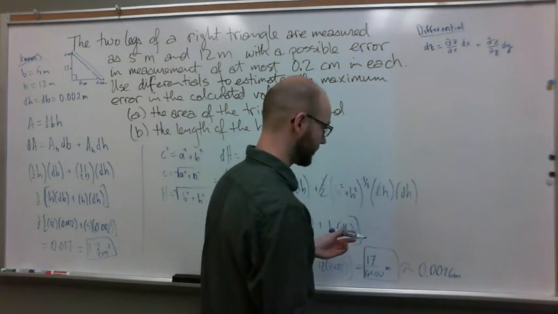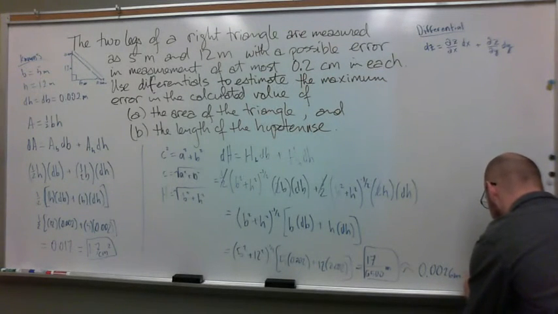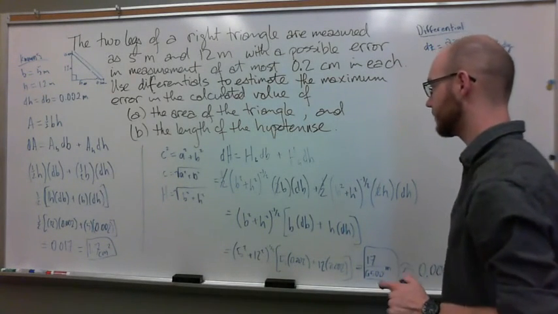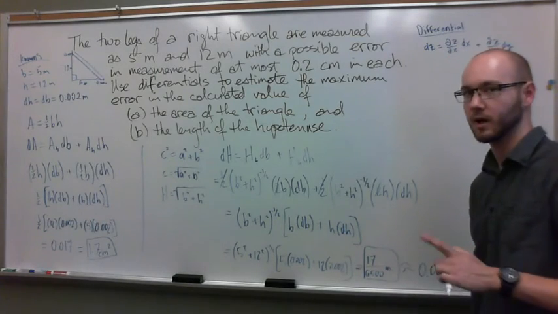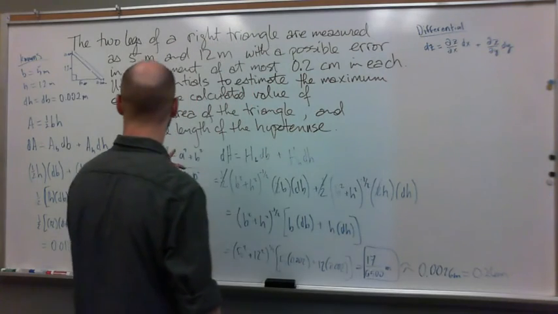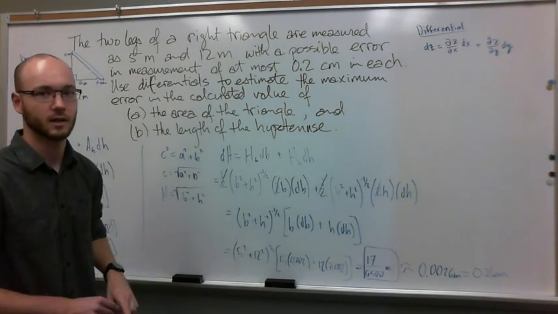Or if you want to put it in centimeters, it would be 0.26 centimeters. So that is the maximum change in the hypotenuse with 0.002 meters as the maximum change in the height and the base.